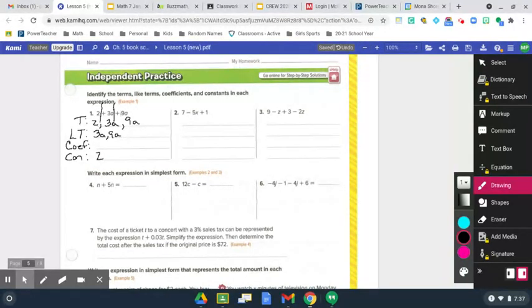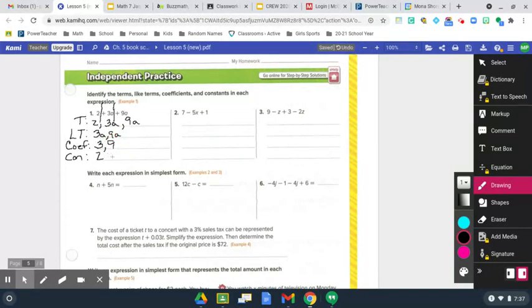But there's nothing else in that expression that's a constant that you can group with it to make a like term. So the only set of like terms are 3a and 9a. Coefficients, remember, are the numbers in front of the variable. In front of the a, we have 3, and we also have 9. Numbers in front of the variables, coefficients.